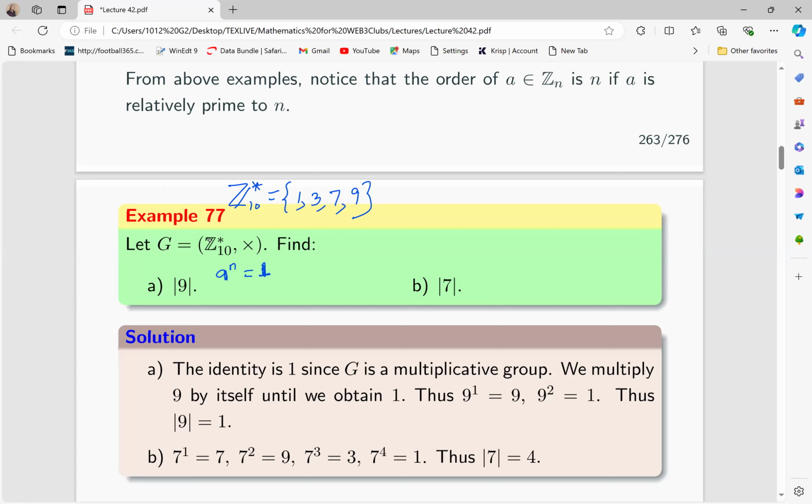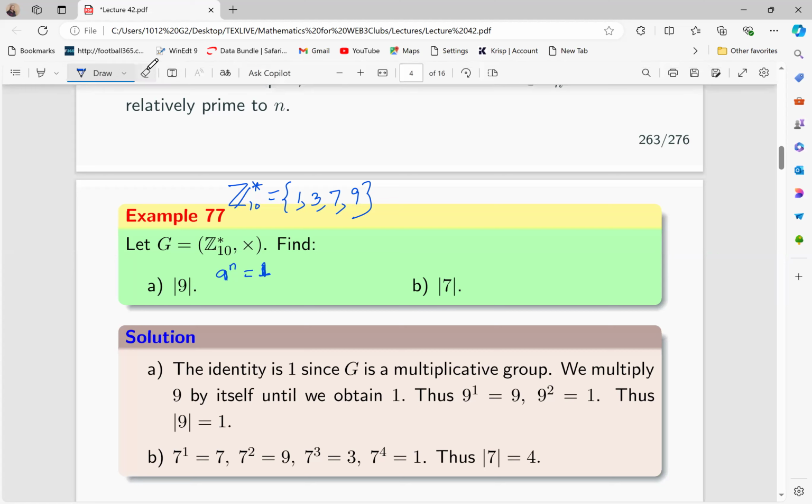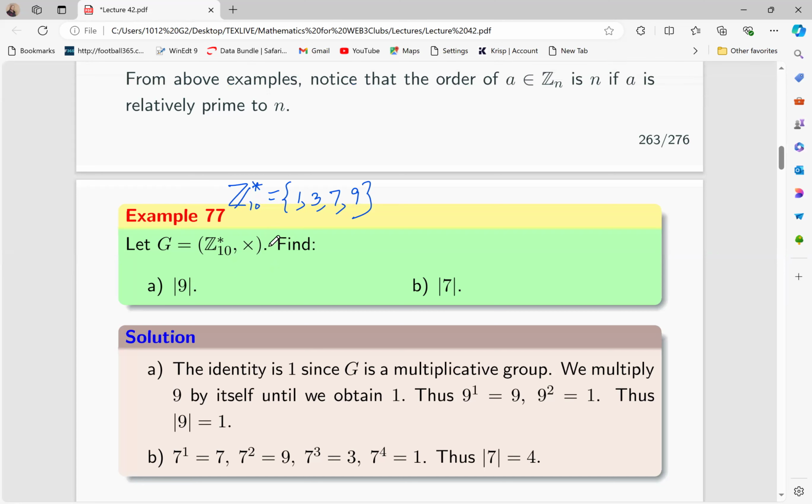So we want to get the order of 9, and so we raise 9 to 1, raise it to 2, raise it to 3, raise it to 4, up to 9, until we find an exponent that will give us identity 1.